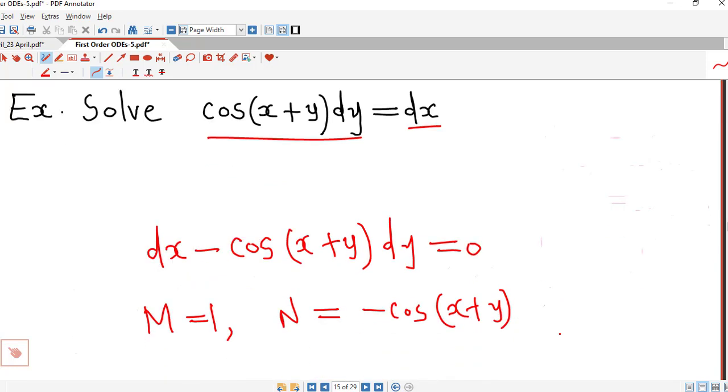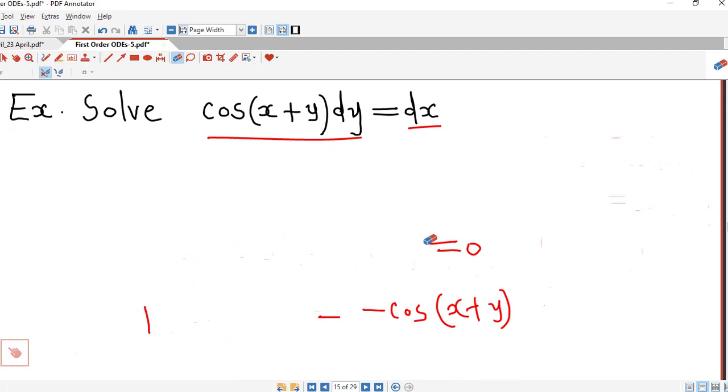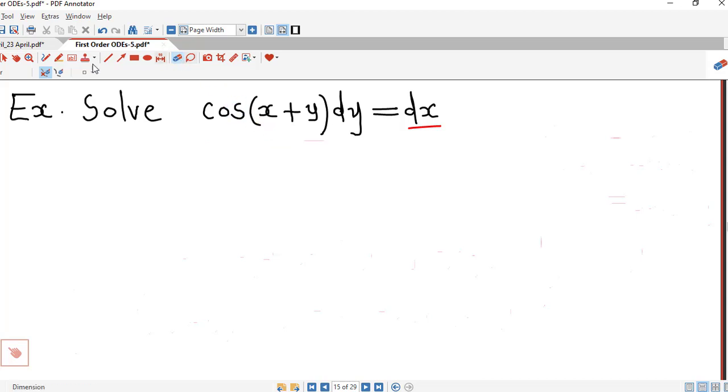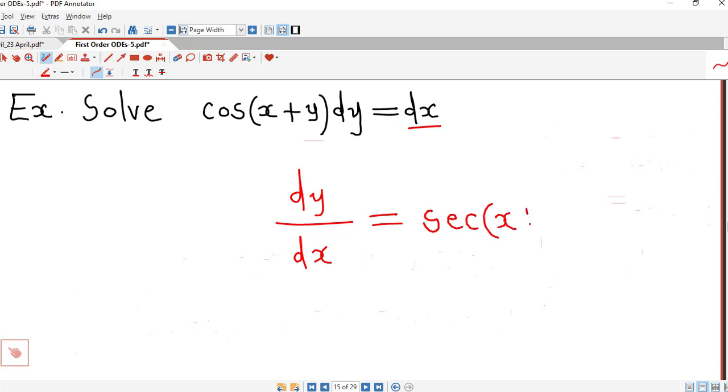So now we can try to check whether it can be converted into a separable or an exact or a linear differential equation. Suppose we write our differential equation in this form, dy by dx equal to 1 over cosine of x plus y, that is sec of x plus y.